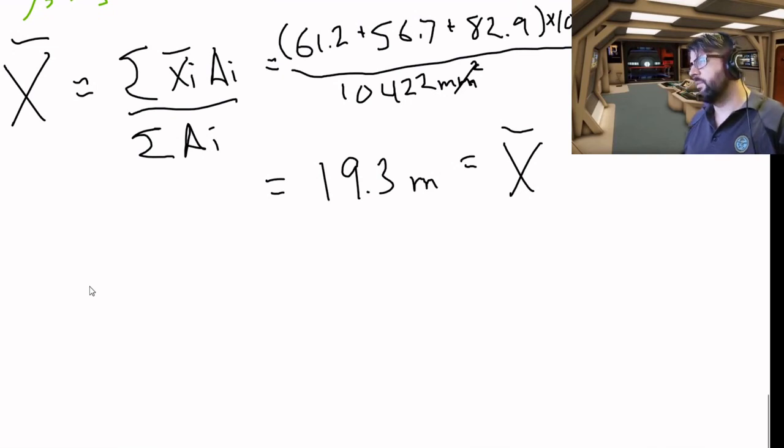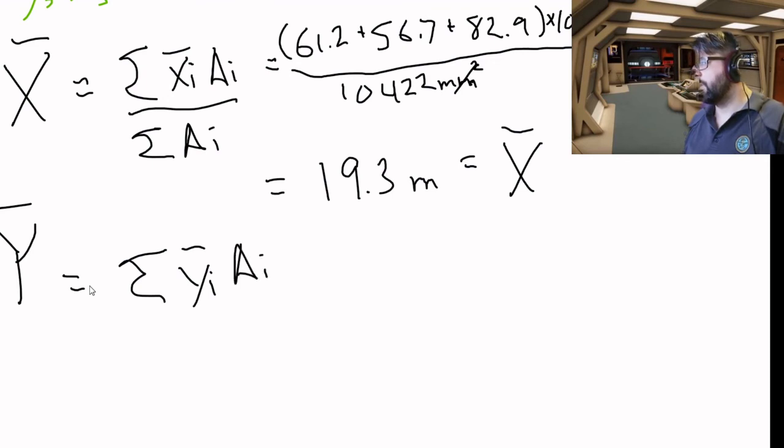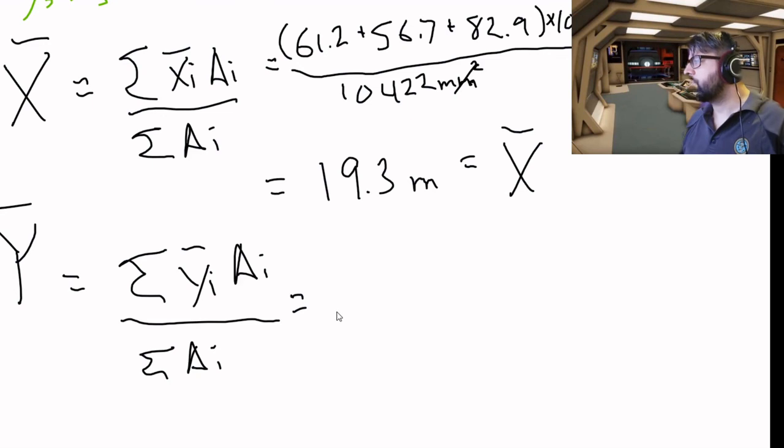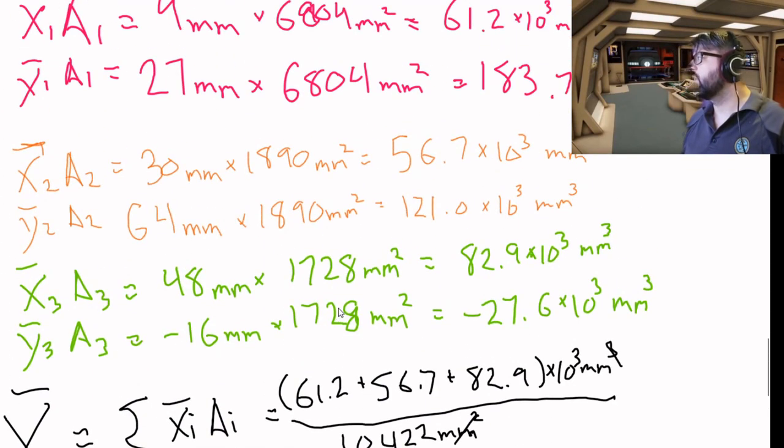And then we just do the same thing for our Y bar. Okay, I'll make it obvious this is a capital Y. Sum of our ybars times A, divided by the sum of the A. Sorry about that. Yeah, so just add those up.